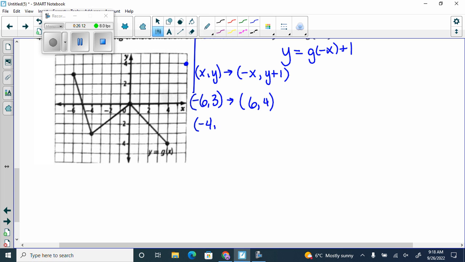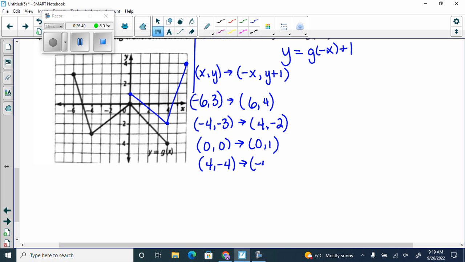Negative 4 and negative 3 becomes 4 and negative 2. 0, 0 becomes 0 and 1. And then 4 and negative 4 becomes negative 4 and negative 3.